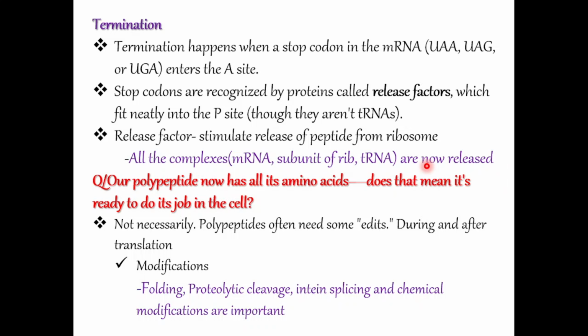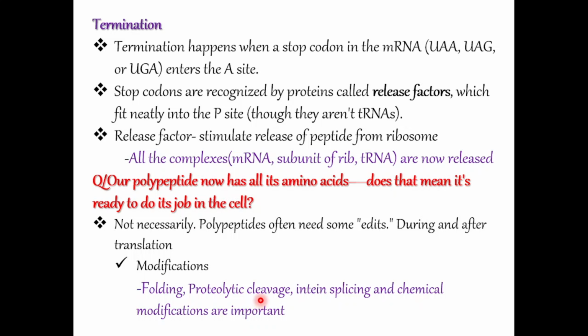The question is, our polypeptide now has all its amino acids. Does that mean it is ready to do its job? Is that protein active? Is that protein functional? The exact answer is, not necessarily, because that protein is not active. It needs some editing during and after translation.